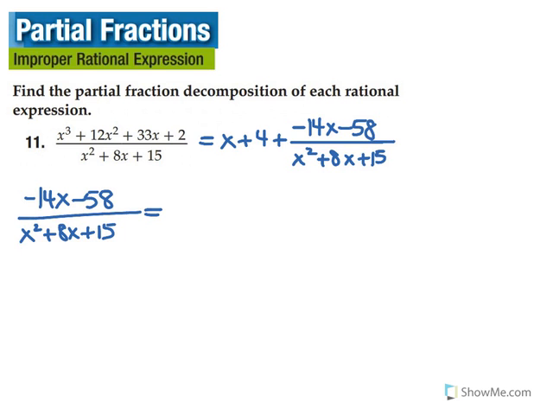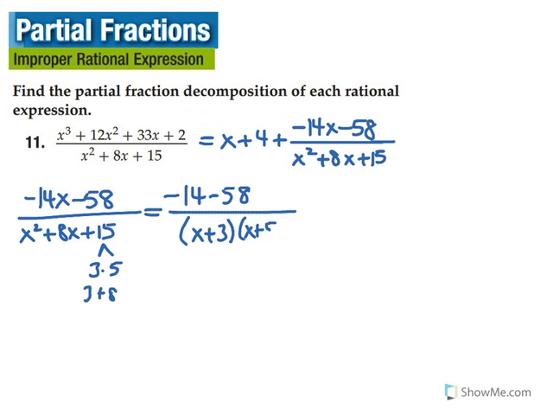Well, this expression will be something like that when I factorize the denominator. You see this is 3 and 5 multiplied. When I multiply, I get 15. When I add, I get 8. So it will be x plus 3 and x plus 5 here. Hence, I am going to write a over x plus 3 plus b over x plus 5 and equate the denominators with each other.